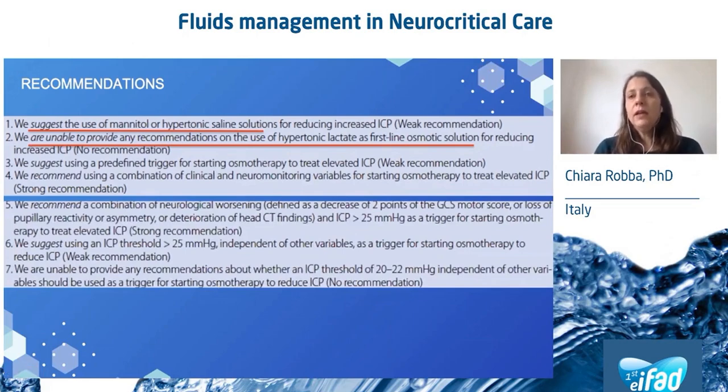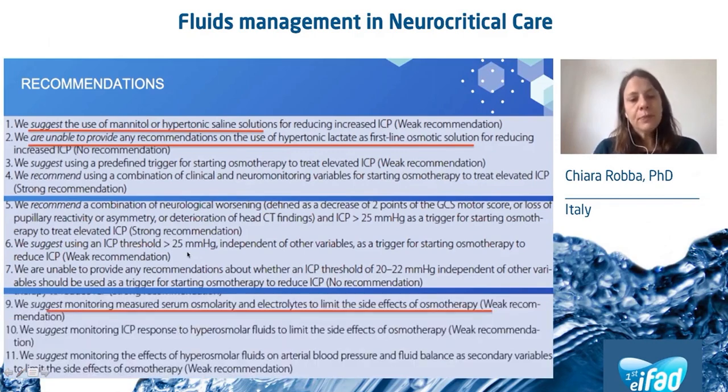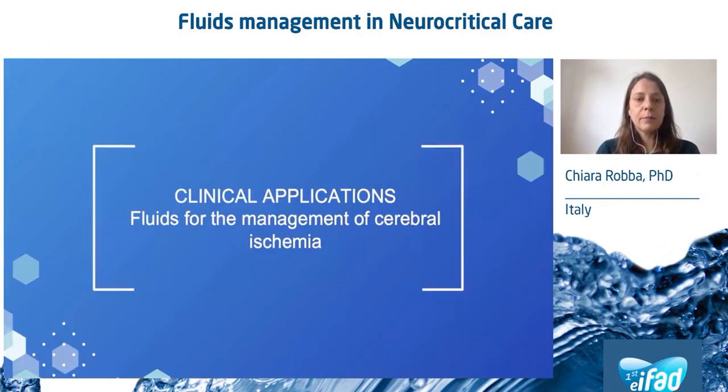Consider obviously the side effects of each one of these drugs and when to use it, when there is an increased intracranial pressure. Defining the threshold is difficult, but the threshold above 25 millimeters of mercury is generally used, and obviously monitor for the side effects, sodium, osmolarities, and the electrolytes to limit the side effects of osmotic therapy.